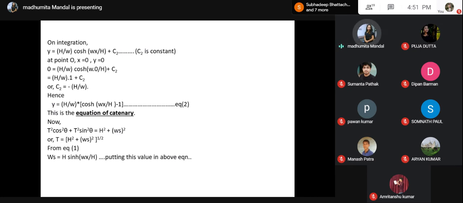So from here t square is equal to h square plus omega s square.